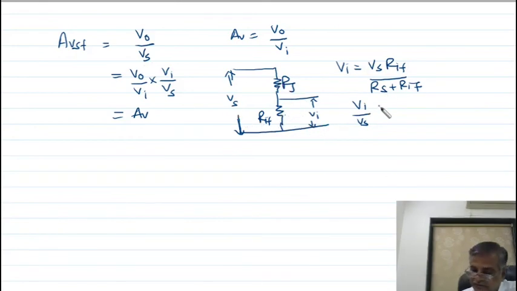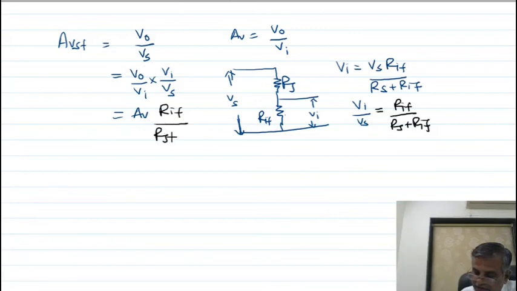Already you know this. You have studied this even in 12th standard. So I can write Vi by Vs is Rif upon Rs plus Rif. So I am using this equation here.